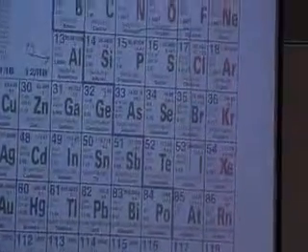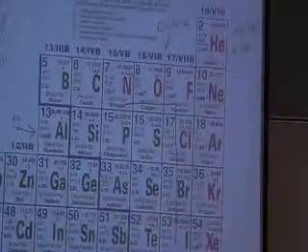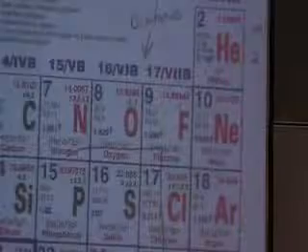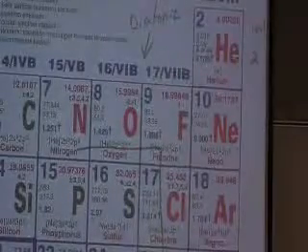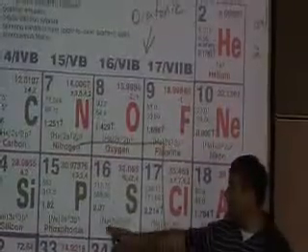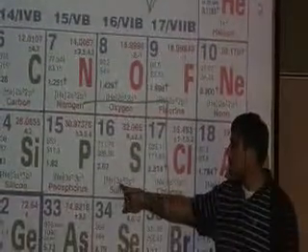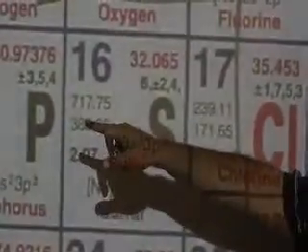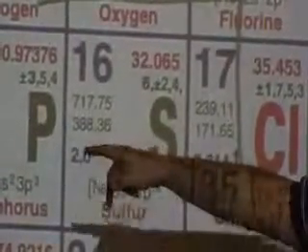So anyway, let's zoom down on, what's the first thing I got written up there on the board? Is it sulfur? Yes. Let's zoom down here on John's sulfur. It's telling me that there's a neon core with a 3s2, 3p4. Do you see that? What's another one?